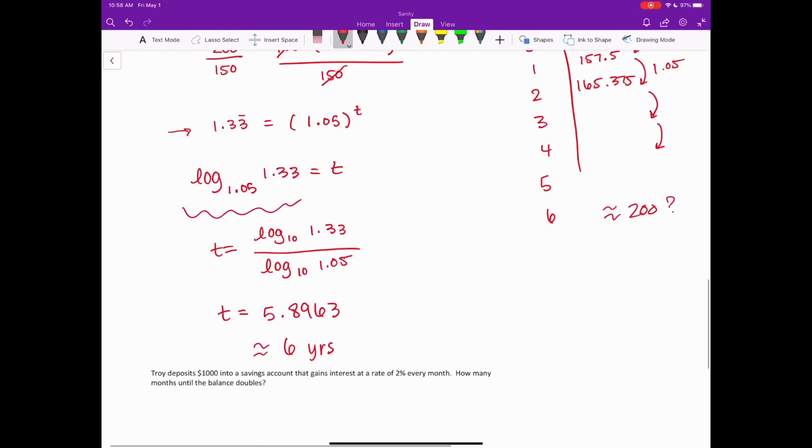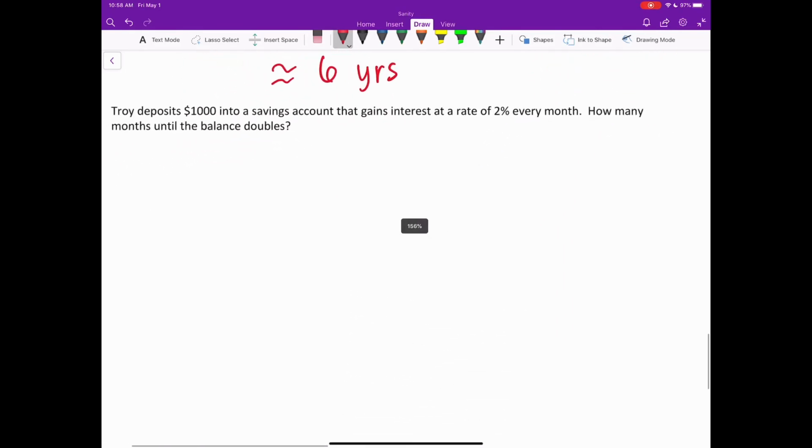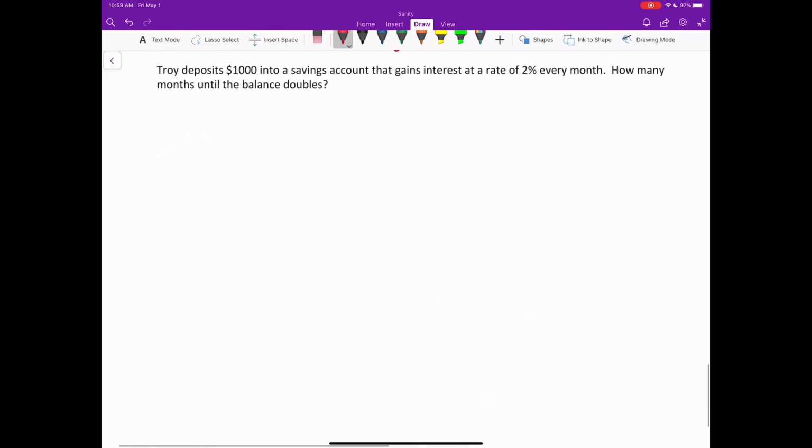Okay, I have one last one for you. It's another account problem because I think, you know, once we put things to dollars and cents, sometimes things just work. So anyway, I'm just going to rewrite this so we have it off to the side one more time. There you go. Okay, Troy deposits $1,000 into a savings account.